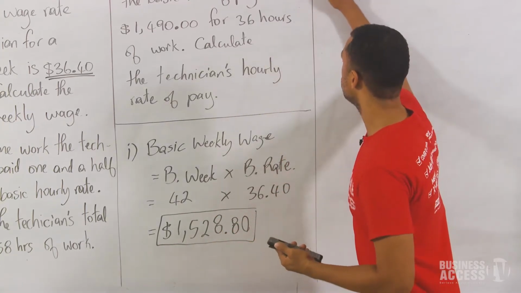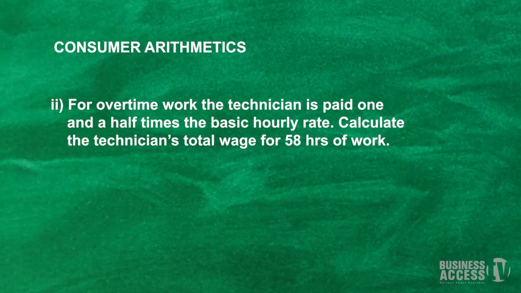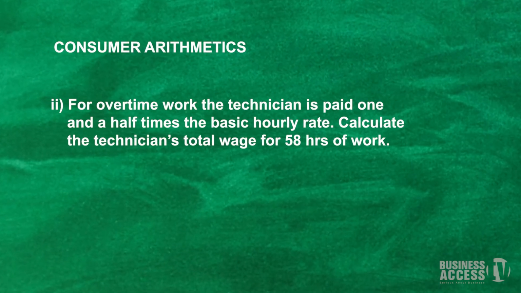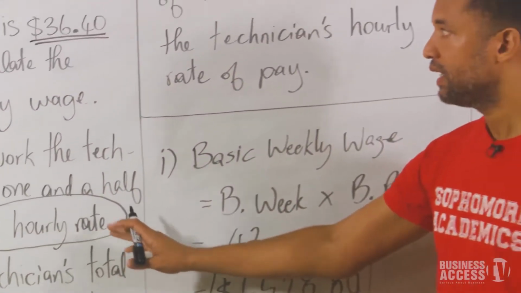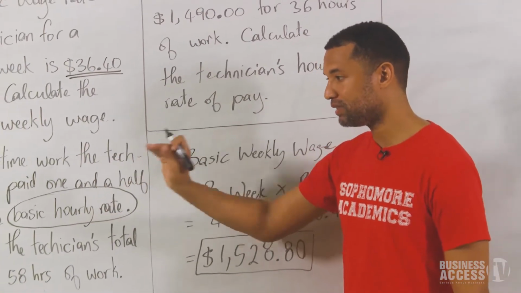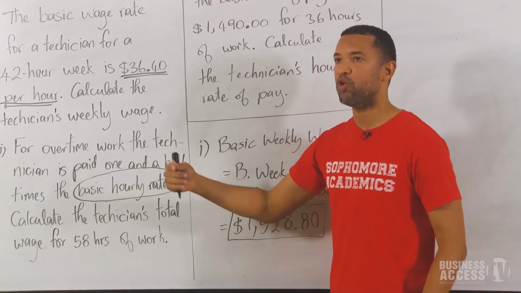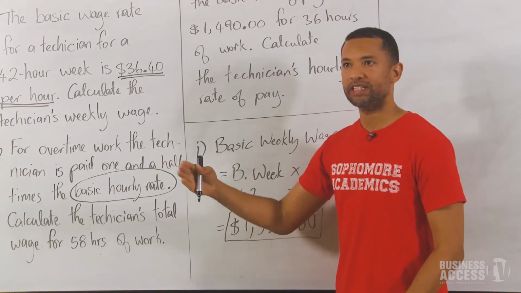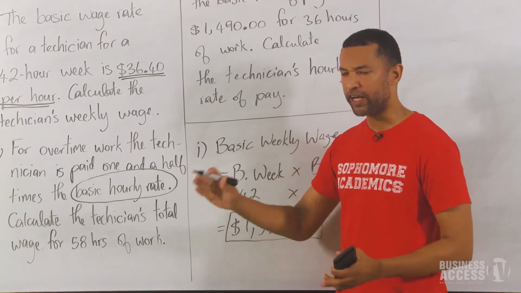Now, let's go to part 2 of the question. It says for overtime work, the technician is paid 1.5 times the basic hourly rate. The basic hourly rate is $36.40 per hour, that's the normal. Overtime means the hours that you work in excess of your regular schedule.